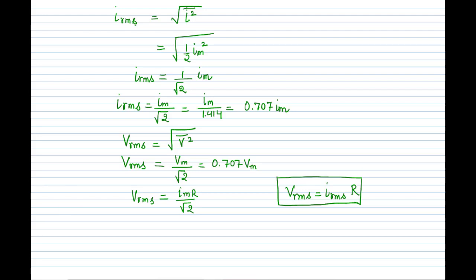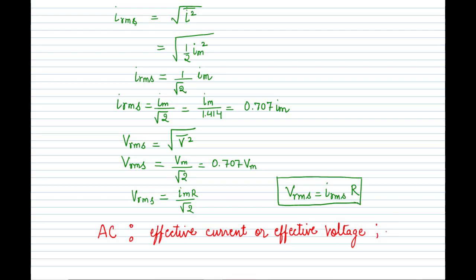So make this a note, that whenever you are using AC current or AC voltage, the effective current or effective voltage is always the root mean square value. That means if you want to calculate the effective current, use Irms. If you want the effective voltage, use Vrms.